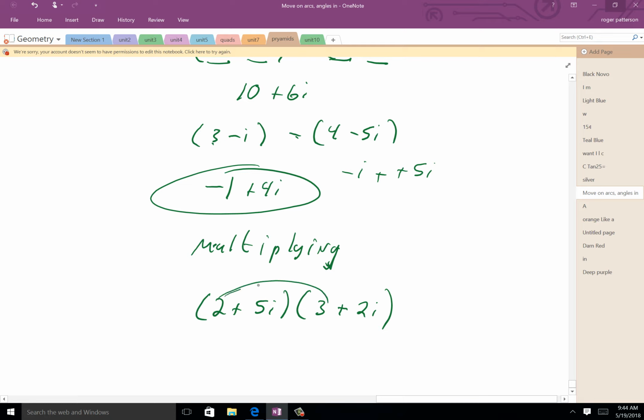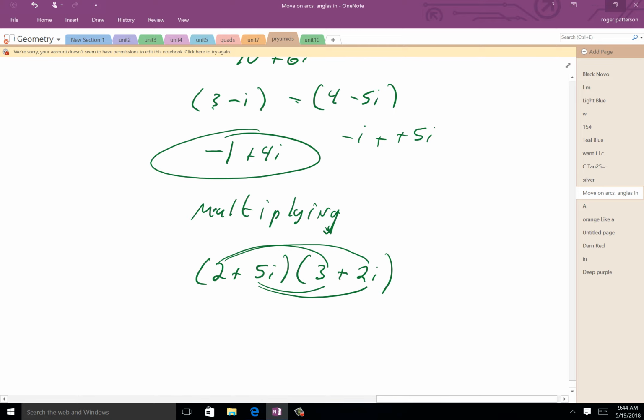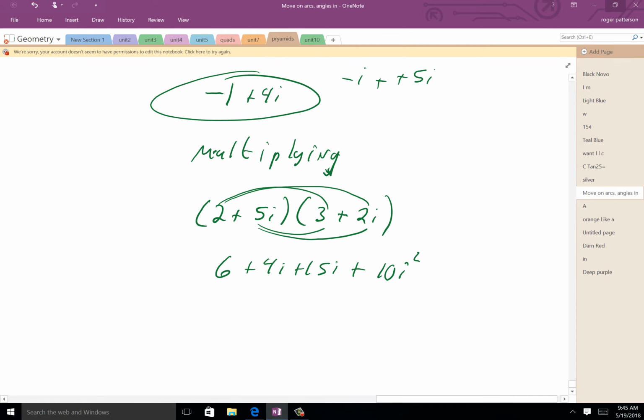And again, I bet if I was to just say, hey, do these without even instructing, you would probably go ahead and FOIL them, because that's just what your gut's going to tell you. So we got a 6, we got a 4i, we got a 15i, and we got a 10i squared. Almost every single time stuff here is going to come together, just like in a normal FOIL situation.